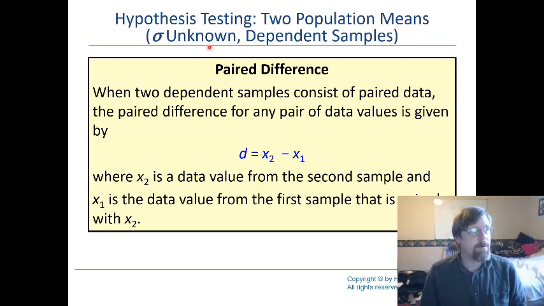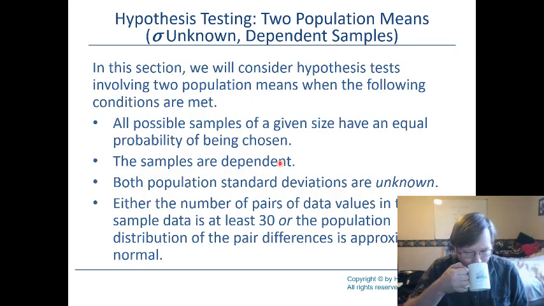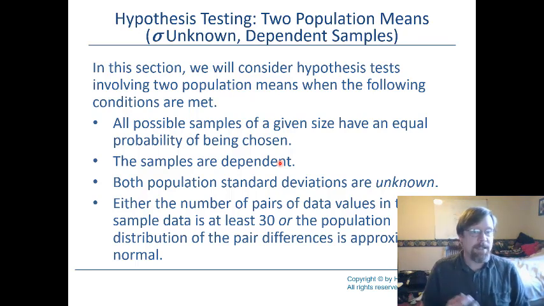So usually what we're looking at here is the difference between the values. The value in population 2 and the value in population 1. And these differences should be paired. We do have the standard criteria for this type of test.